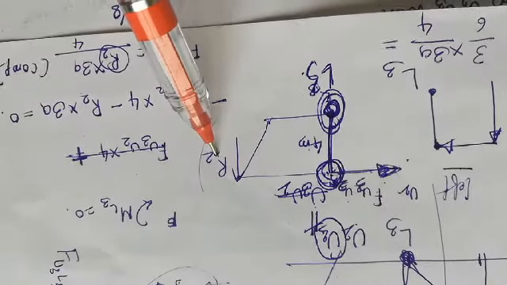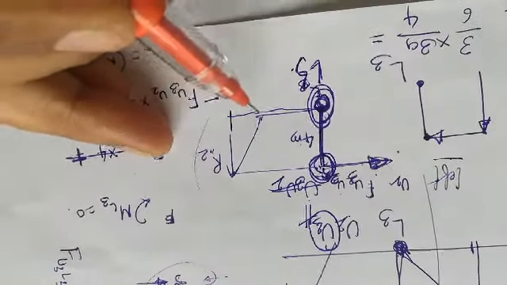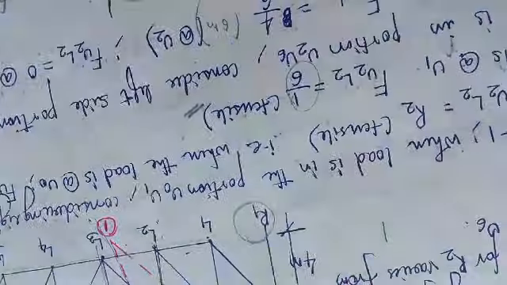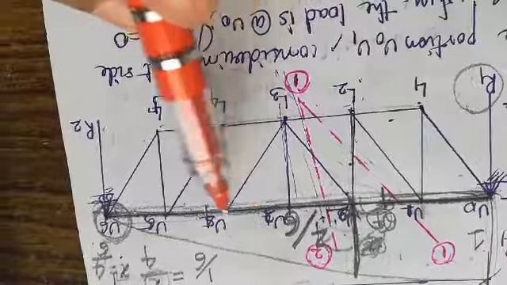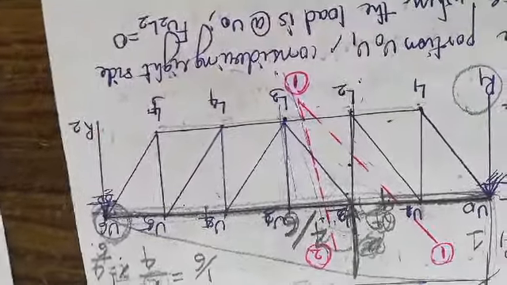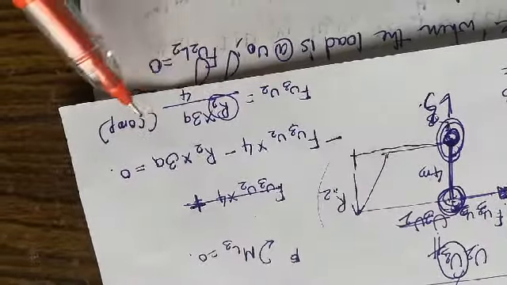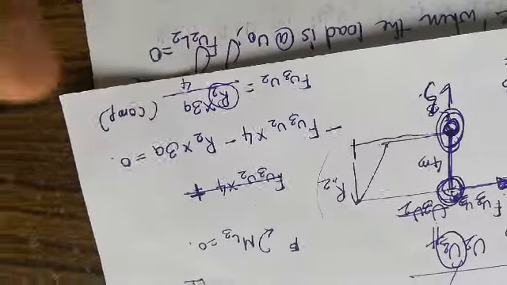From the distance between L3 and R. So the distance between L3 and R is how much? 1, 2 and 3 parts, correct? So it is 3 times A. So you will get U2 U3 into 4, do the cross verification.